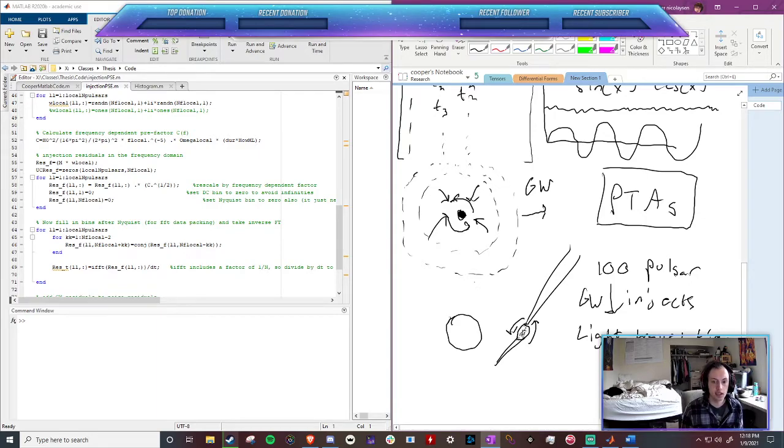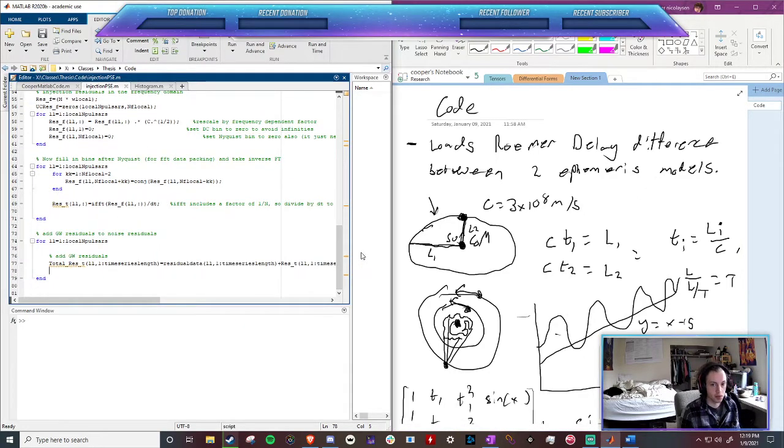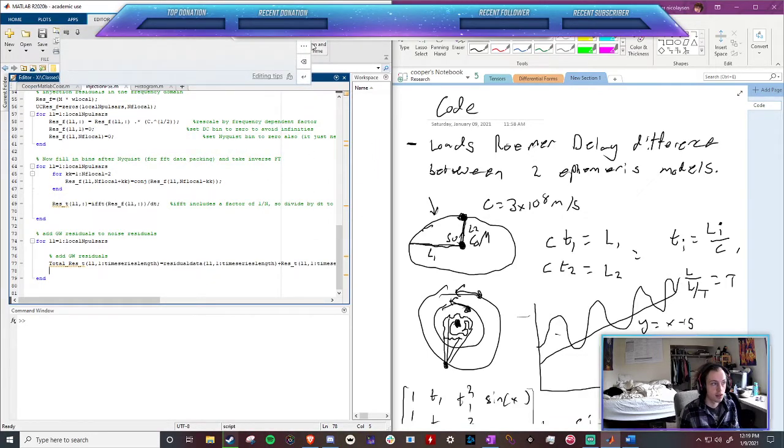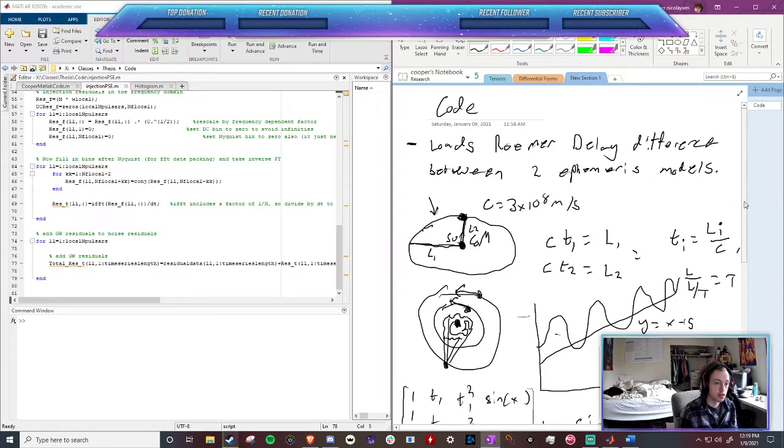And we want to see how often this pulsar light travel time looks like the Romer delay, which is the light travel time between the center of mass of our solar system and the Earth.